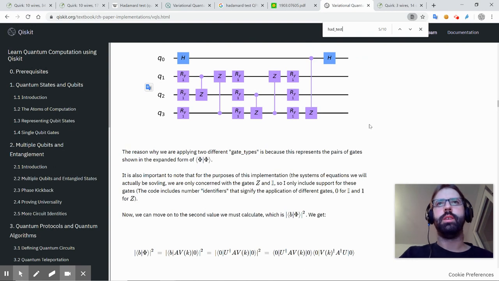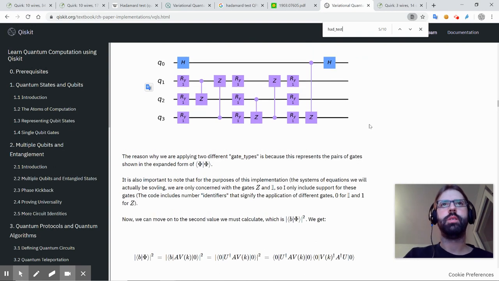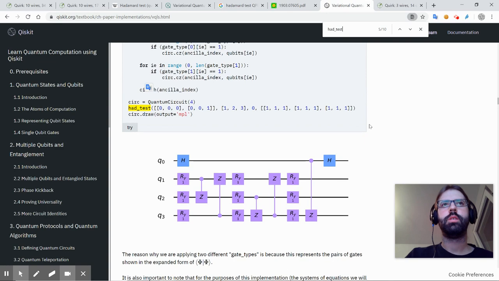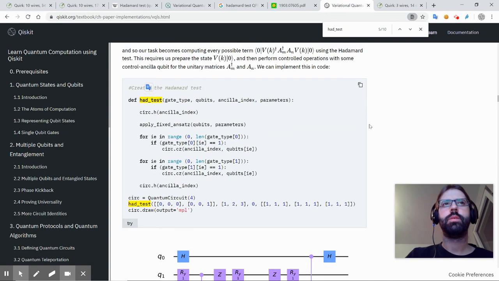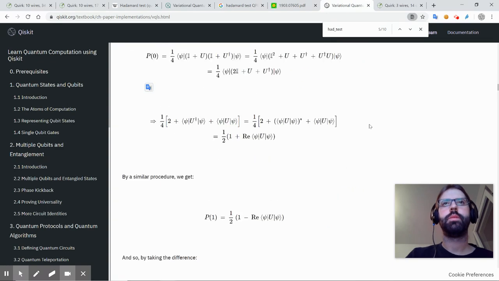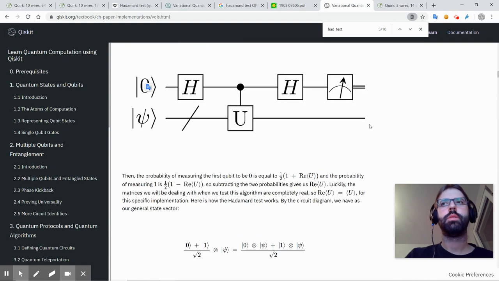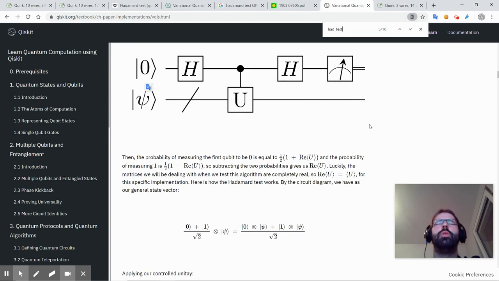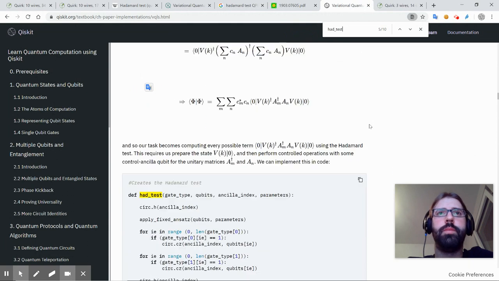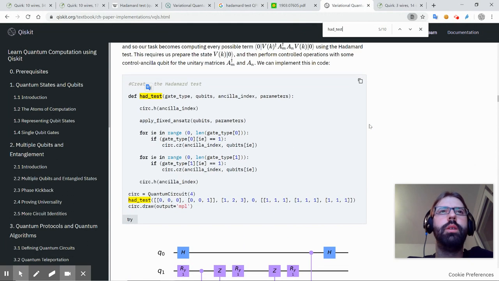And so what is this? I don't know. So you're doing controlled, you're doing a Hadamard test, and you're doing for each in range 0 to the gate type. The gate type is 1.